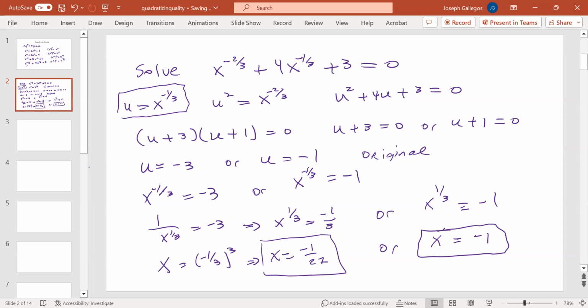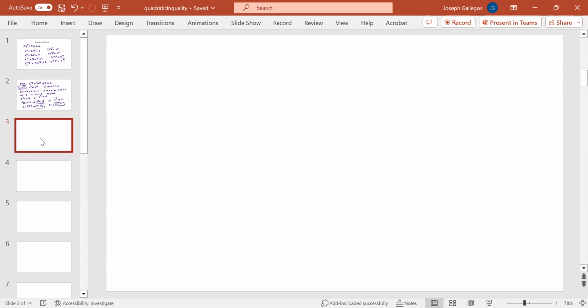We can see equations that might look a little different. We remember parentheses are a grouping tool, right? Parentheses are keeping terms together. So maybe we have an equation like this: 2x minus 3 squared plus 5 times 2x minus 3 minus 6 is equal to 0.